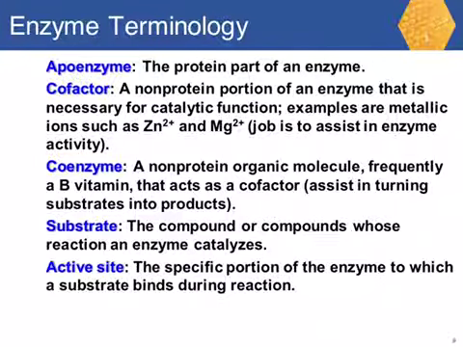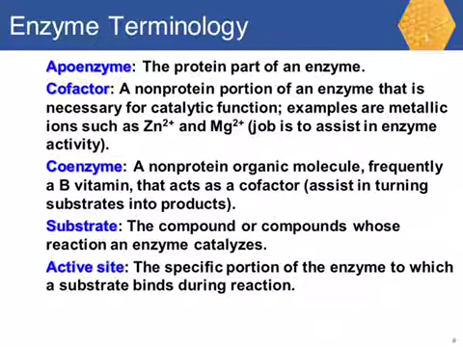Cofactor is the non-protein portion of an enzyme, and that part is actually necessary for the catalytic function. Okay, it helps it go faster. A coenzyme is a non-protein organic molecule.